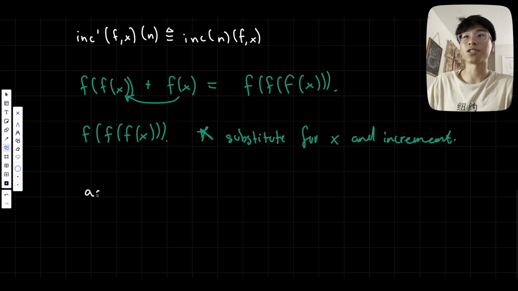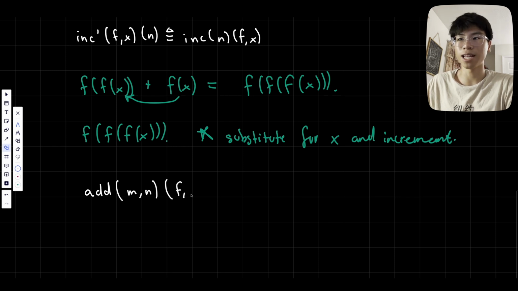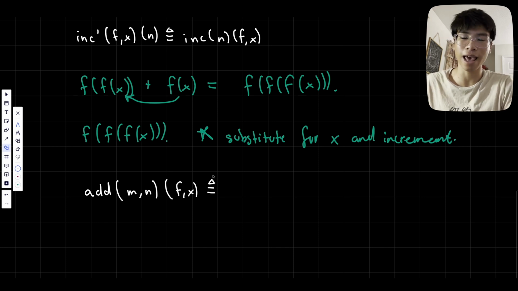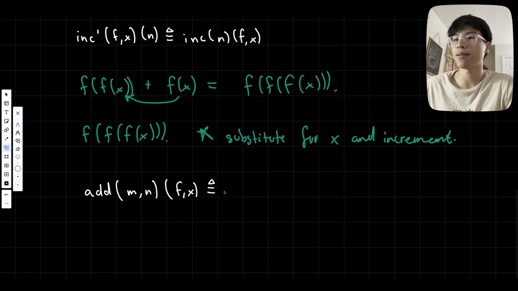So for this add function, we'll need to take in our 2 arguments, 2 integers m and n, and we'll need to feed in f and x as well, once again, because we're returning this sum as an integer, which takes in f and x as arguments. Okay, now that we have that, here's how we're going to define add.